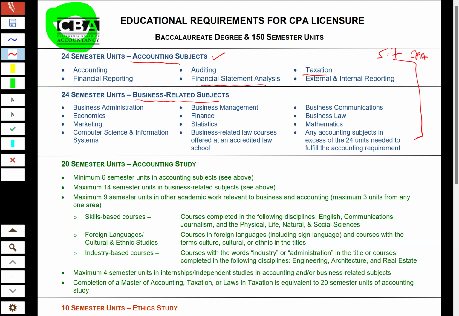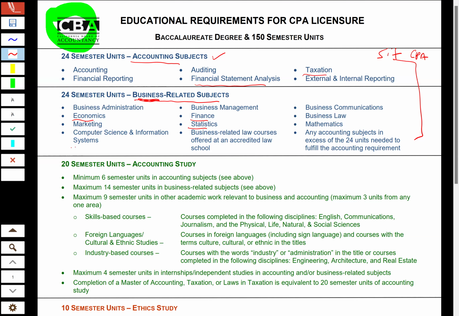Now, in order to be eligible to sit for the CPA exam, and I'll talk about how the CPA exam is structured in a couple minutes, you would also need to take 24 business related classes. Again, classes having words like economics, statistics, finance, could come from a university, a community college, or advanced placement classes in a high school. But they have to have these words in them in order to qualify to meet these requirements.